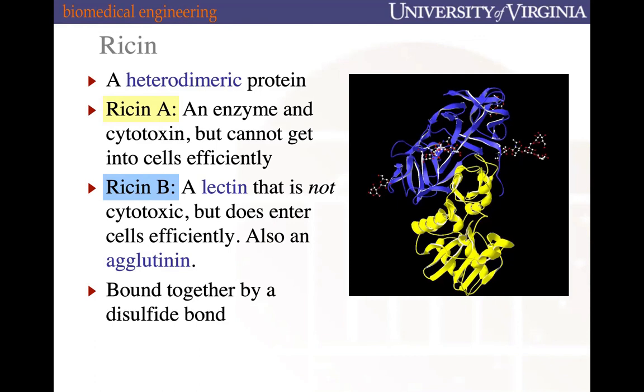And in this case, ricin B helps form these complexes of ricin on the surface of our plasma membrane because of the glycoproteins on our plasma membrane.